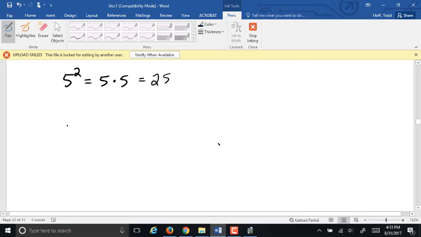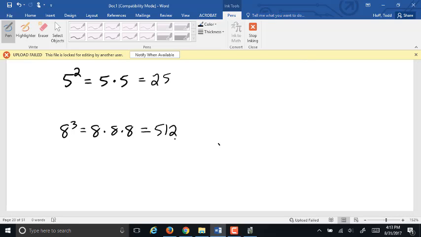How about 8 to the third power? The 8 cubed, or 8 times 8 times 8, or 512.